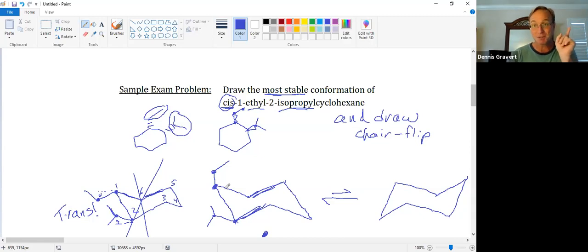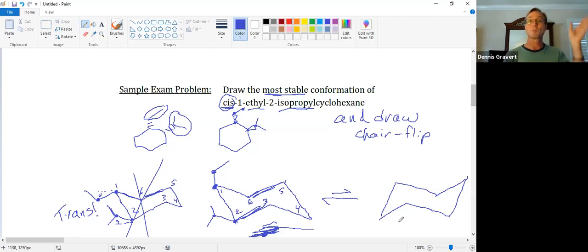And you already numbered the ring. This is carbon 1, that's 2, 3, 4, 5. Because you drew one chair already, now you're locked in. You must flip this structure correctly to get the right flip.